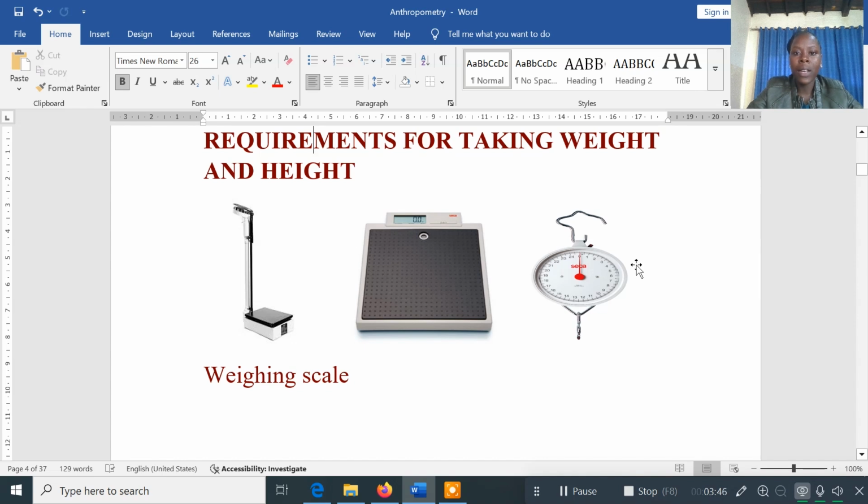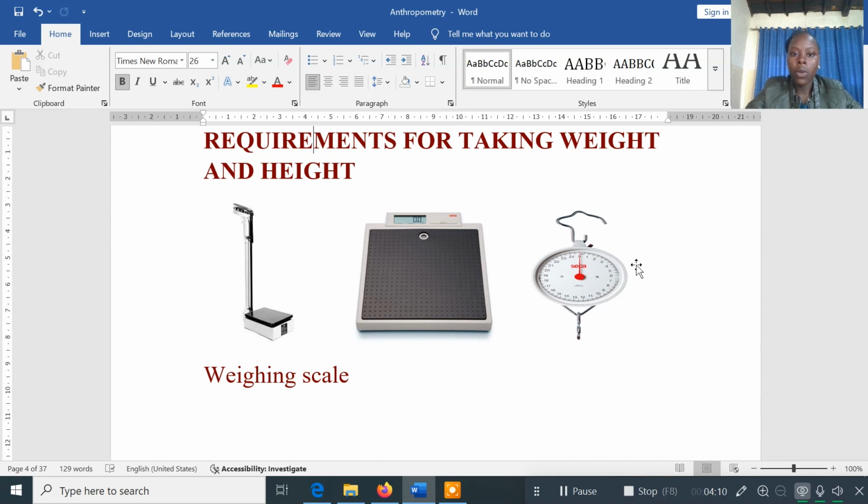I'm going to be focusing more on weight and height for this session, but we shall also be looking at other measurements like head circumference and limb length. We shall talk about them, but we are going to be diving in more into height and weight.